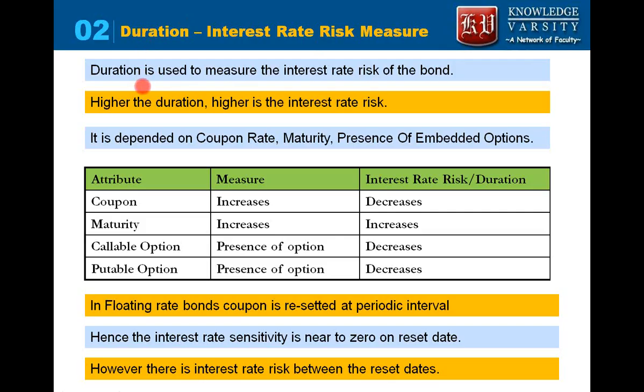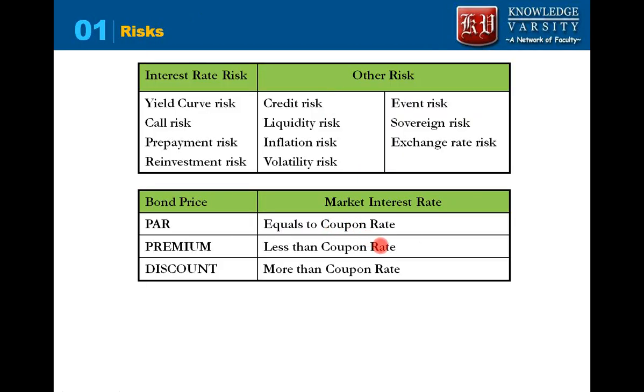The higher the duration, the higher the interest rate risk is. Going back, we have seen that the market rate was less than the coupon rate and the bond was trading at a premium.